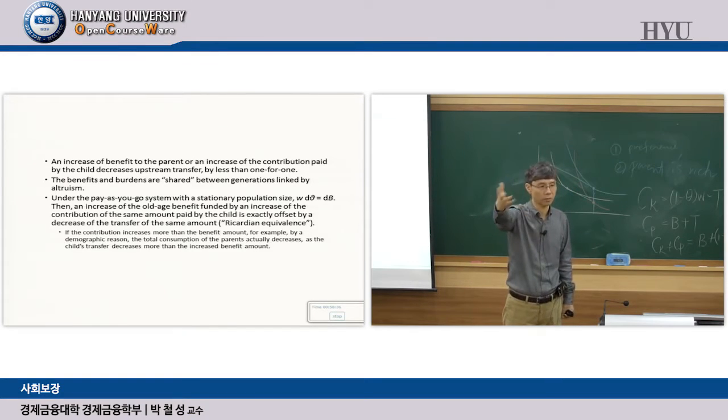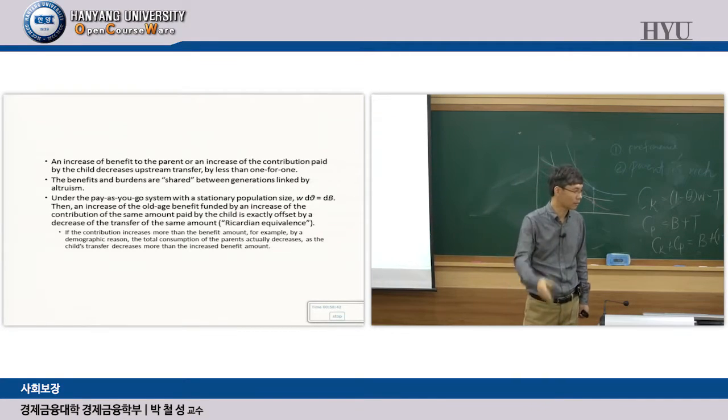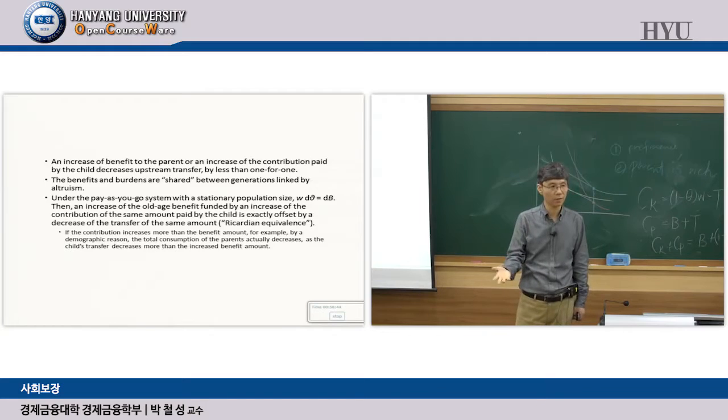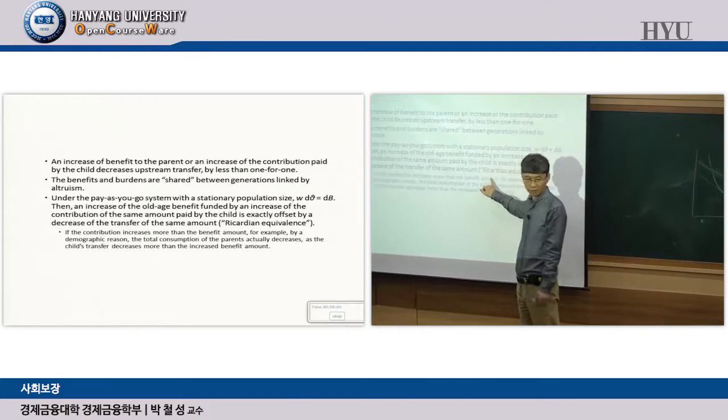So parents get $1 more from the government, but $1 less from the child, same thing. The child has $1 less because of the government, but the child saves $1 by decreasing the transfer to their parents, so same thing. So at the end, it just evens out. Okay? So this is sometimes called Ricardian equivalence.